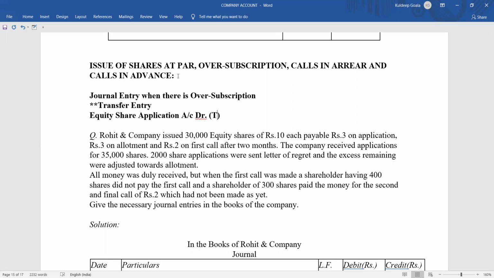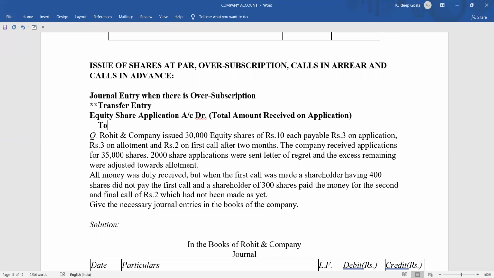Equity share application account debit, total amount received on application. Clear? Whatever the total amount you're getting, that will be coming here. That is the total amount received on application.